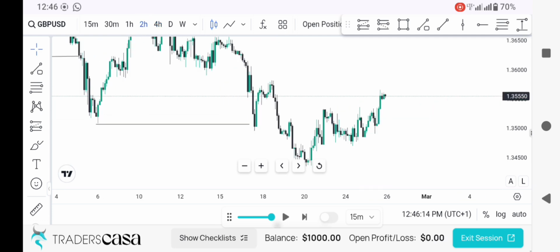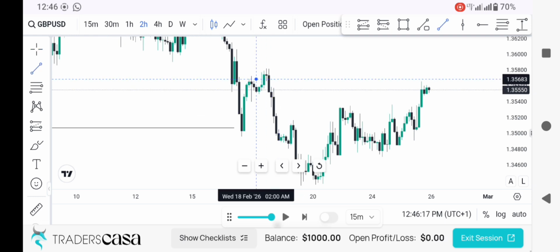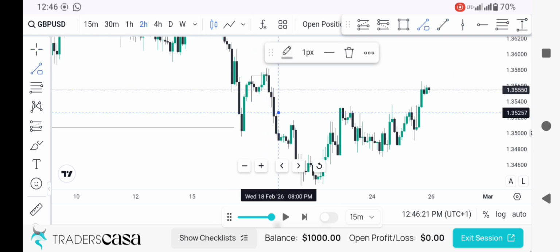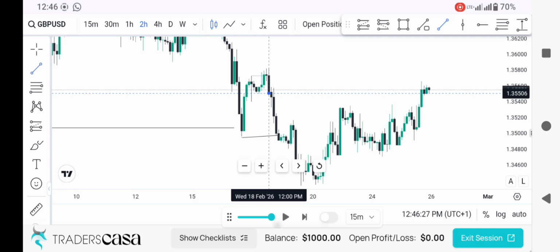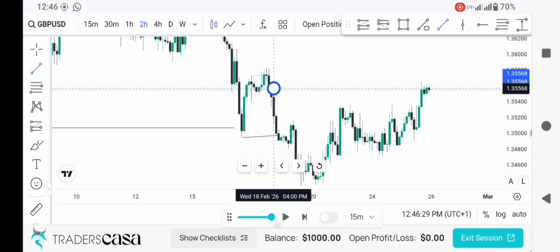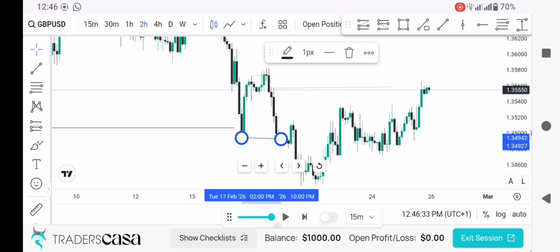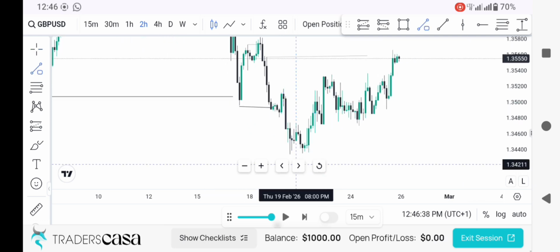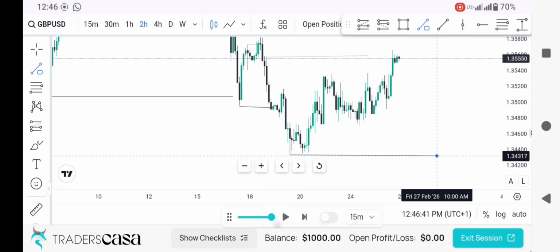Now on the 2 hour time frame, you can see we have a very strong break of structure right here, and there's the liquidity right here. Internal range liquidity, and we have an external range liquidity right here, which will be our target for this part.